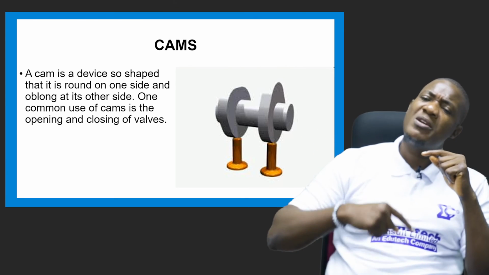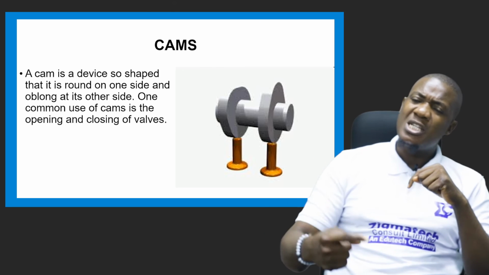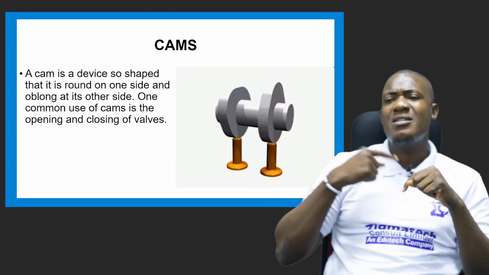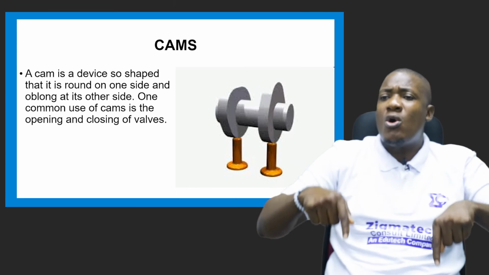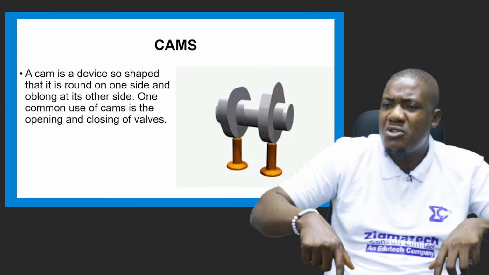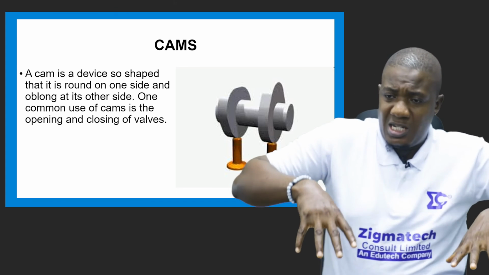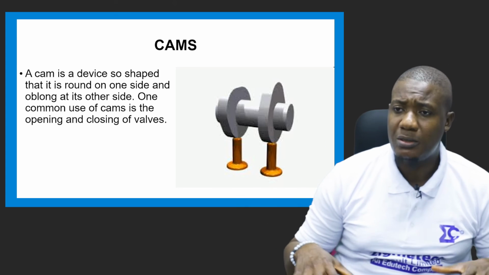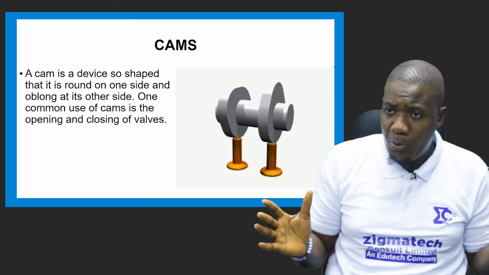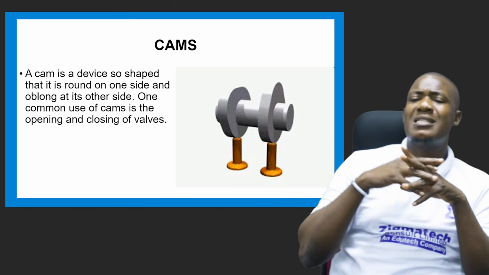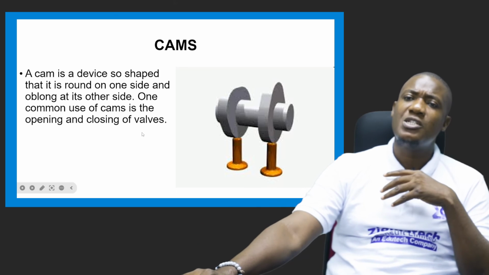So this movement of the cam, as it is rotating, is converting the rotation into linear motion of the valves. Of course, you know that the valves have springs, so when the cam presses on them, the spring compresses and they go down and open for air to enter. That is what happens in the combustion system of an engine.